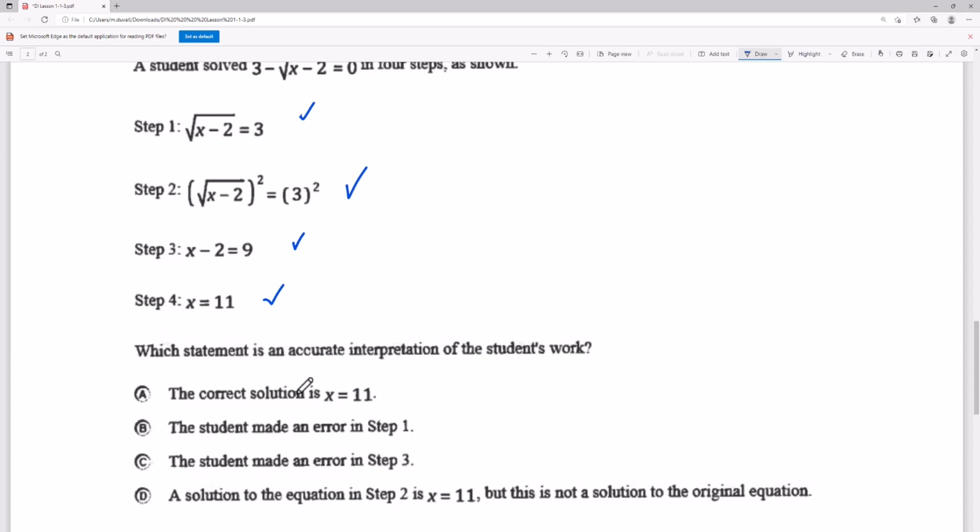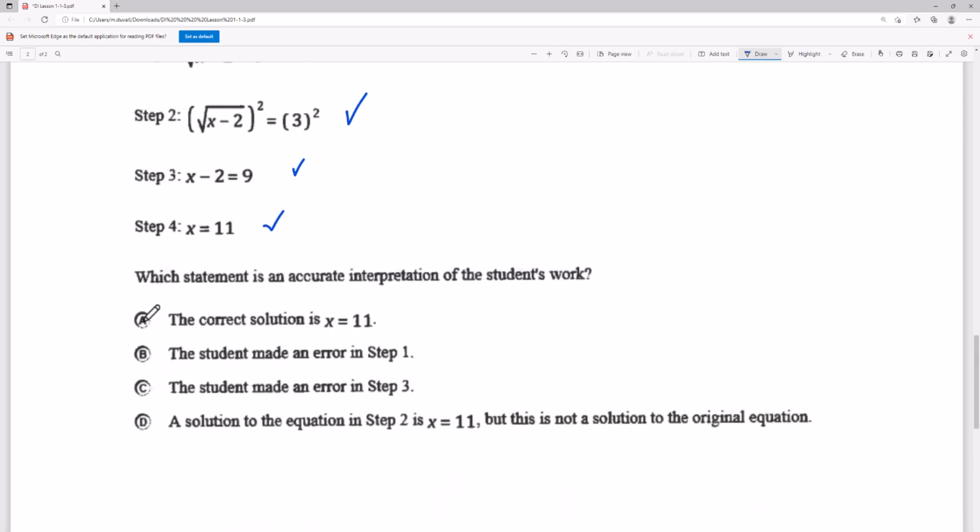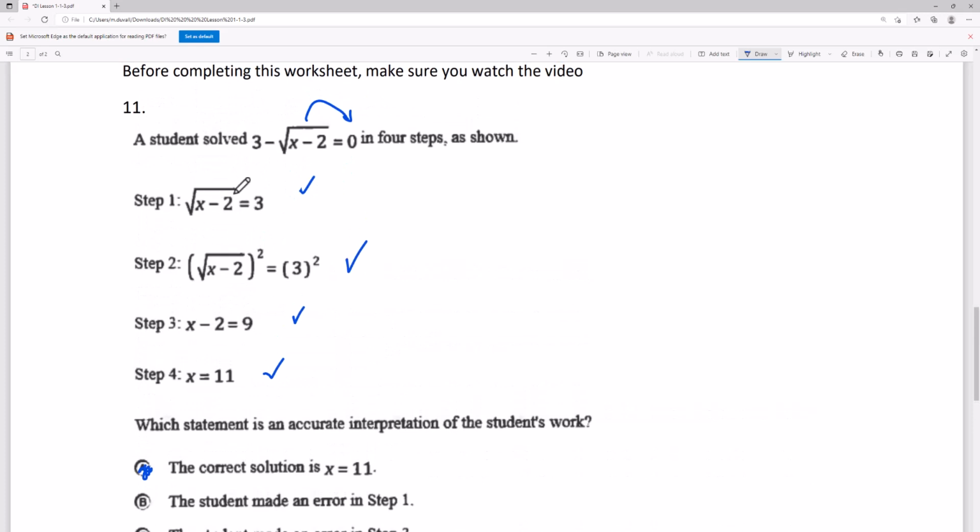The correct answer is x equals 11. Well, if we plug 11 back in, let's check it. The square root of 11 minus 2, that's 9. The square root of 9 is 3. 3 minus 3 equals 0. Okay, so that works. Student made an error in step 1. Nope, they added that to the other side. I know it's thinking, it's like, wait a minute, because that was still on the left side.